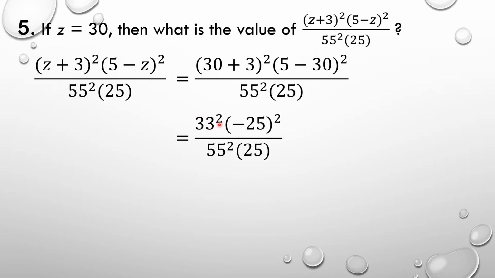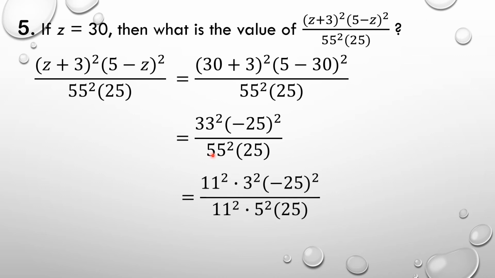33 squared, by rule of exponent, we can rewrite this as 11 squared times 3 squared. 55 squared, also by rule of exponent, we can rewrite this as 11 squared times 5 squared. From here, we can cancel some values as they equal 1, like 11 squared over 11 squared is equal to 1. 5 squared is 25, so 5 squared times 25 is 25 squared.